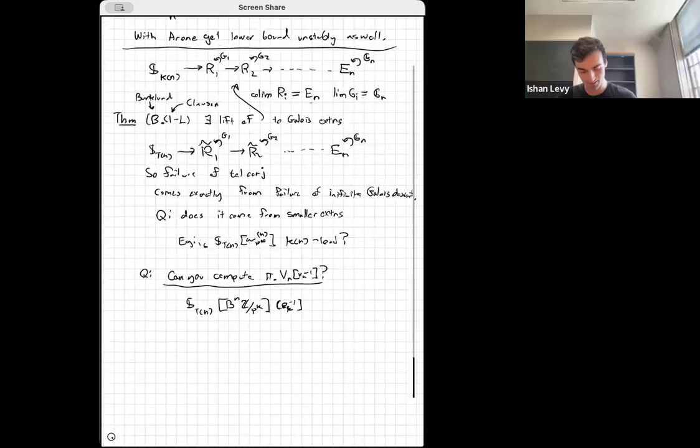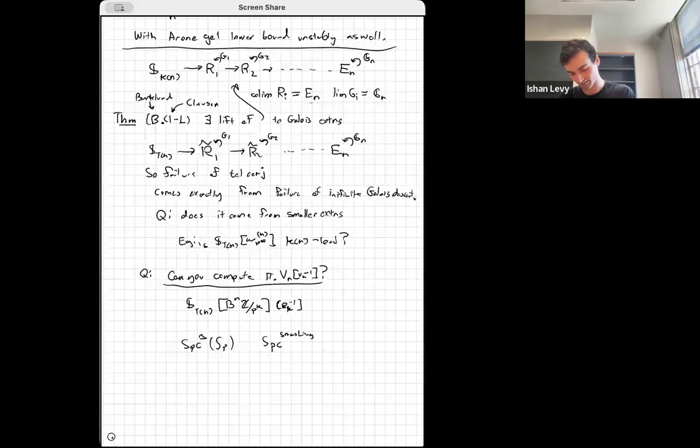But another thing I can say is that there's the Balmer spectrum of spectra, which we understand, but there's also the smashing spectrum, I don't know what to call it, of spectra, which classifies strongly continuous localizations.